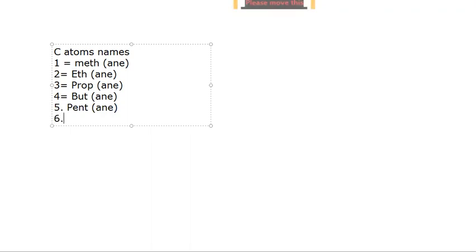With six, if the carbon atoms are six, then you name it hex, ending with ane, hexane.